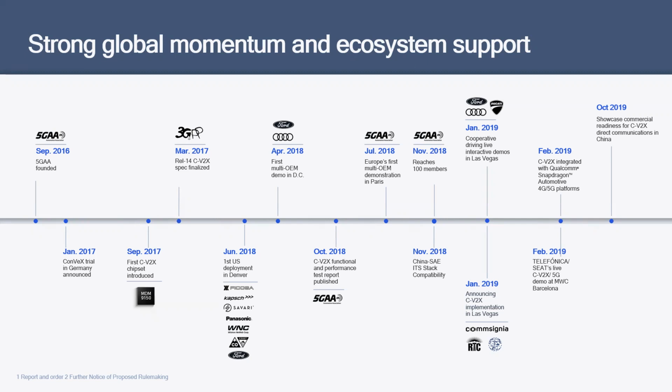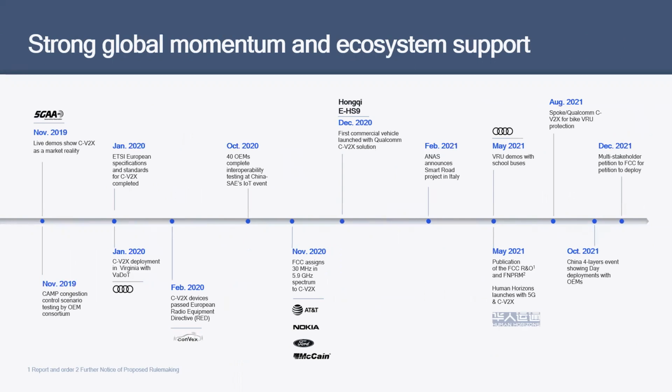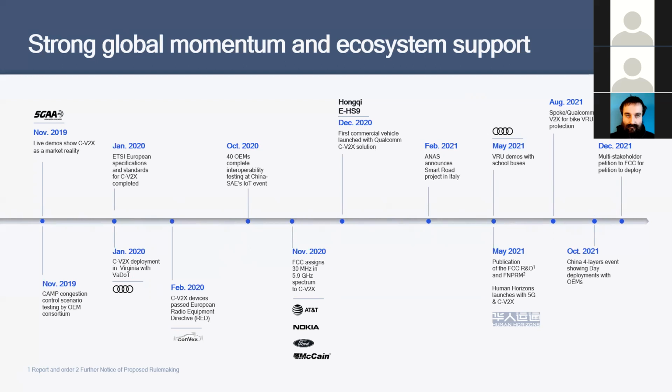So basically, China took the initiative to deploy C-V2X. Then in November 2019, we did CAM congestion control scenario testing by an OEM consortium. At the same time, we did a live demo that shows how C-V2X is ready as a market reality.